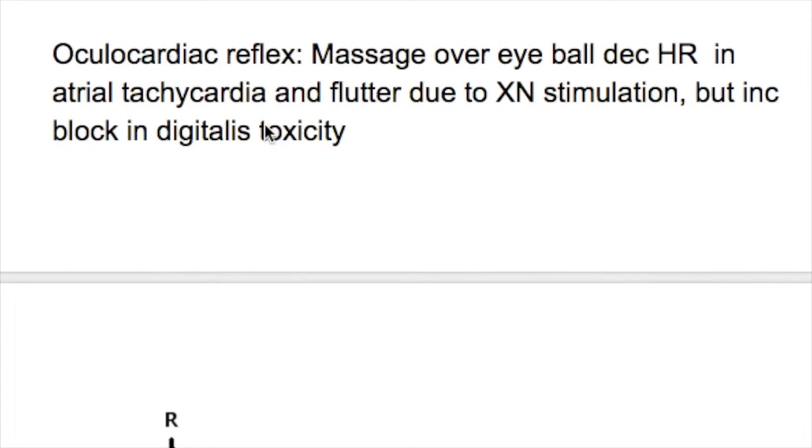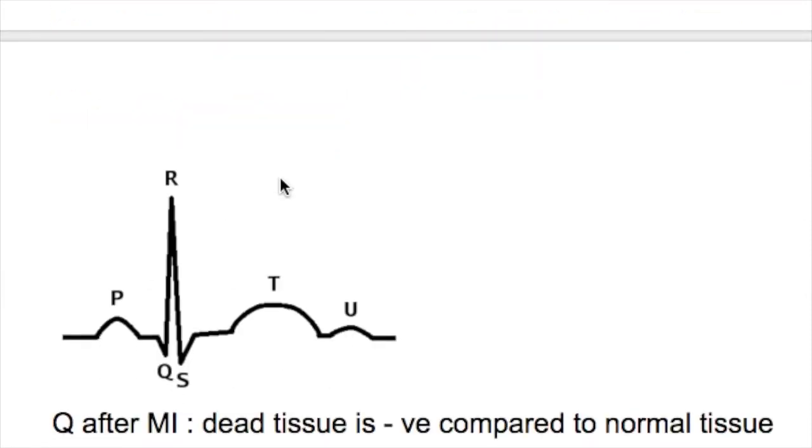So the oculocardiac reflex converts atrial tachycardia and flutter to a normal rhythm, but it increases the block in digitalis toxicity. So it is beneficial for atrial tachycardia and flutter, but dangerous in case of digitalis toxicity.